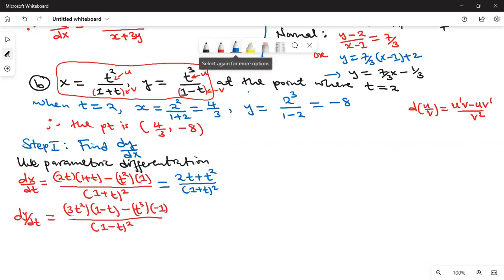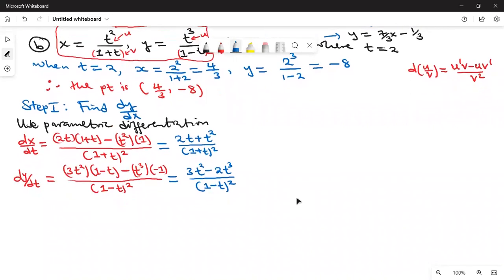Again, you can simplify this. What will it give us? 3t squared minus 3t cubed plus t cubed. So that will give us 3t squared minus 2t cubed, everything over 1 minus t, squared.